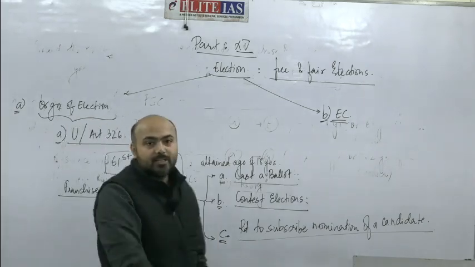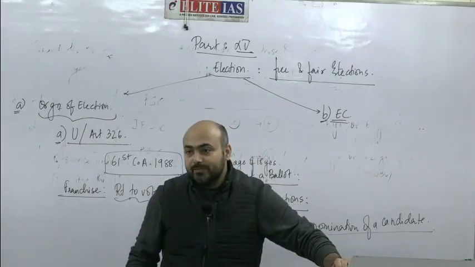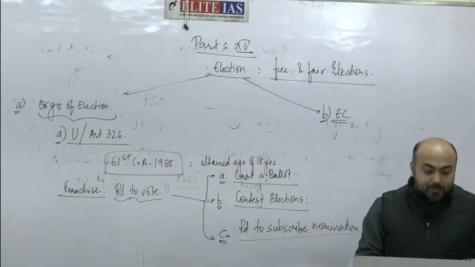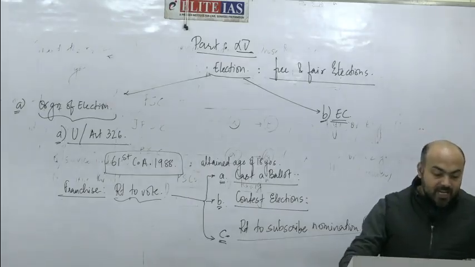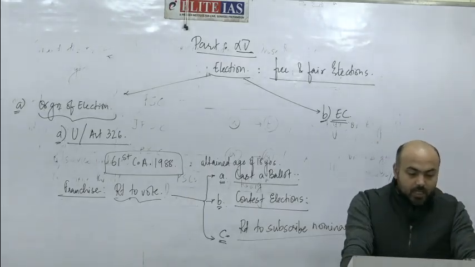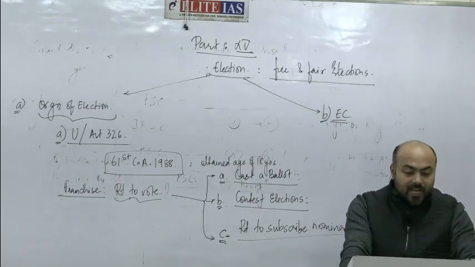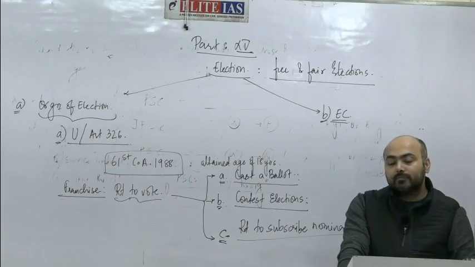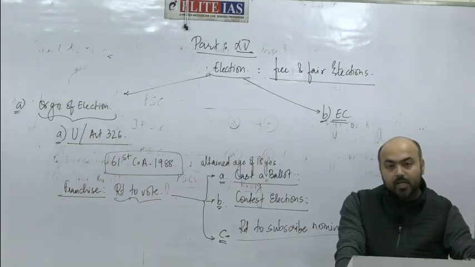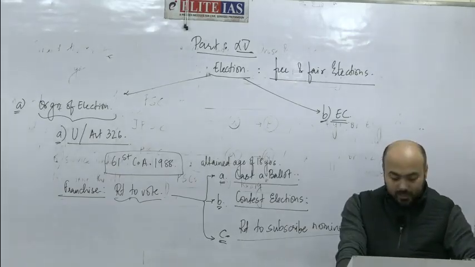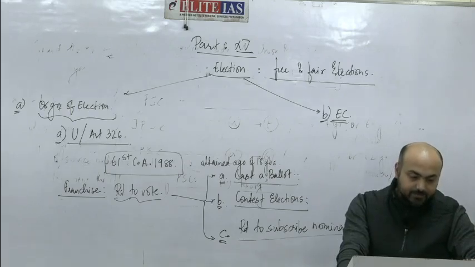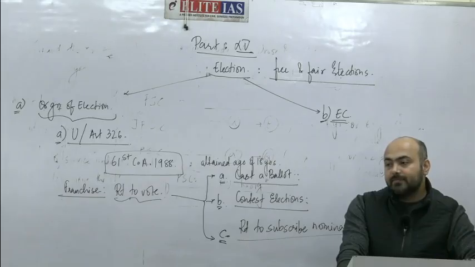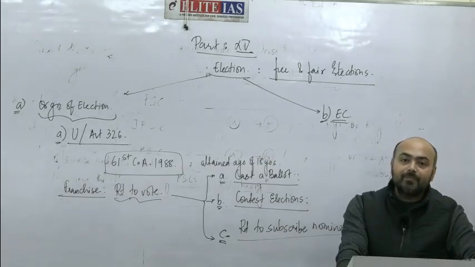It is because of Article 325 of the Constitution. Clear? Write down. In this itself, it prohibits the preparation of electoral roll based on religion, race, caste, sex, or any of them.